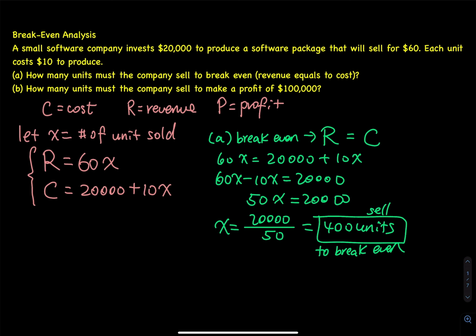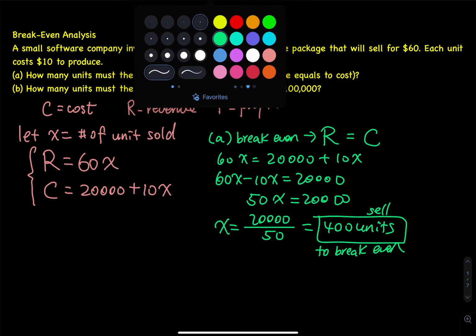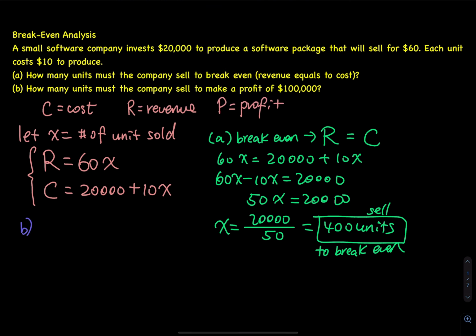All right, so let's take a look at B. How many units must the company sell to make a profit of $100,000? So what is profit in business? Profit is equal to revenue minus cost, right? Let's say I earn $100 at the end of today, and it costs me $30 to run today's business.